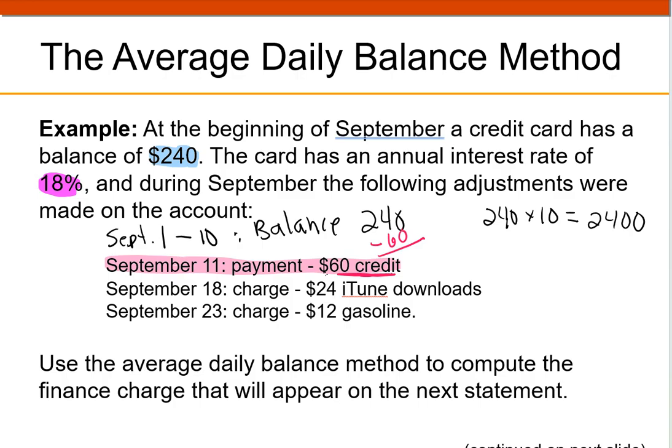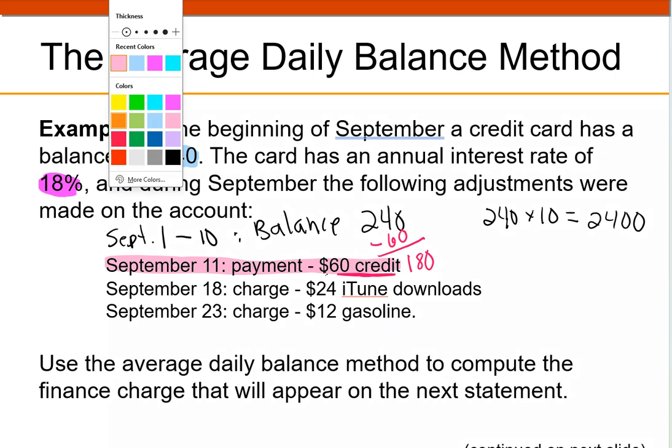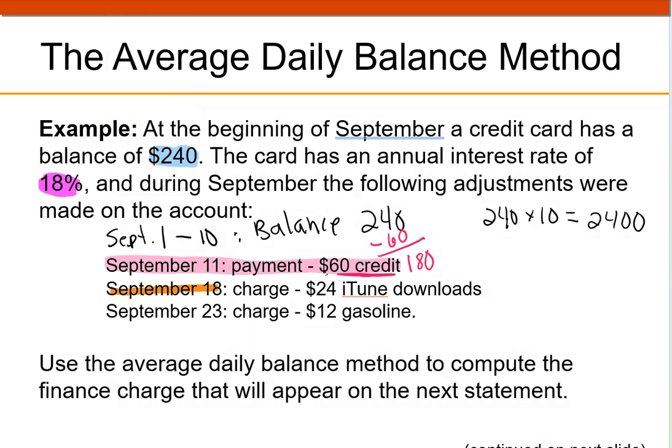So now we are at what, $180? And nothing changes until you get to September 18th, because then you used your credit card and charged $24 for music. So from September 11th up until September 17th, because on the 18th something happened.